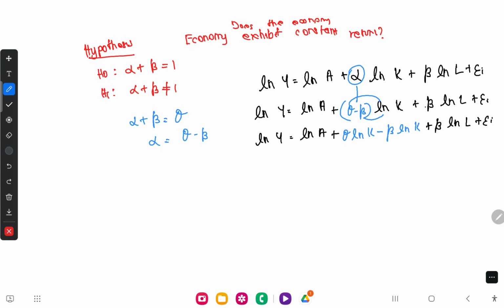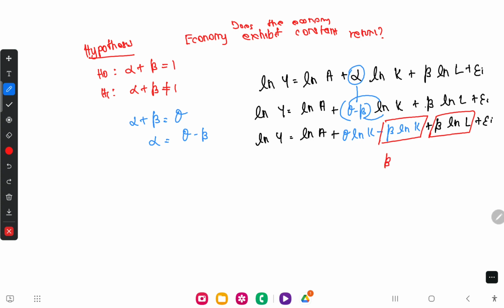Okay, now can you see these two over here? They have a common term. Do they have a common term? I can take the beta out.